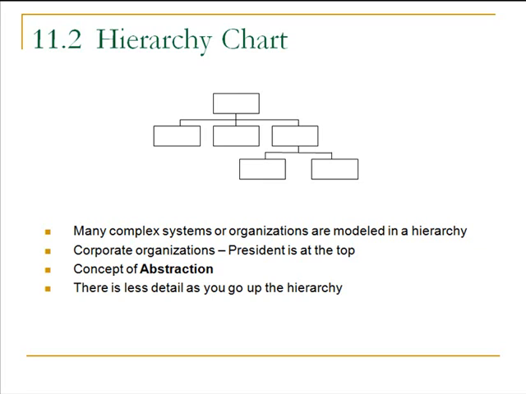In abstraction, we have an issue of how much detail is presented at each place. So the president of the corporation can't possibly manage the detail of all the employees in a large company, so the president has an abstract view of the company, which is by communicating with the next layer down in the hierarchy chart.